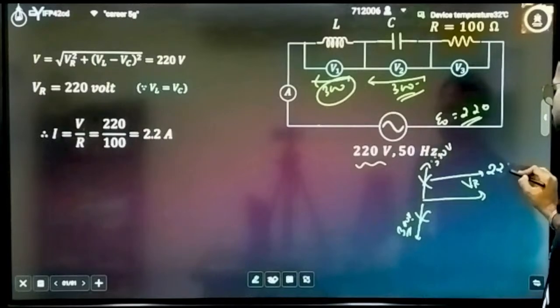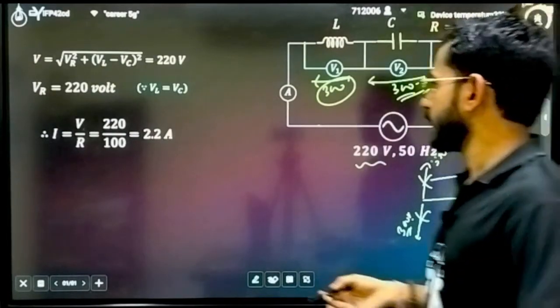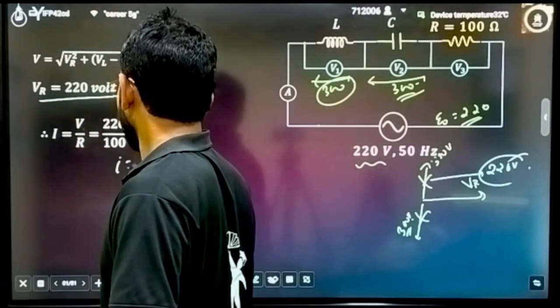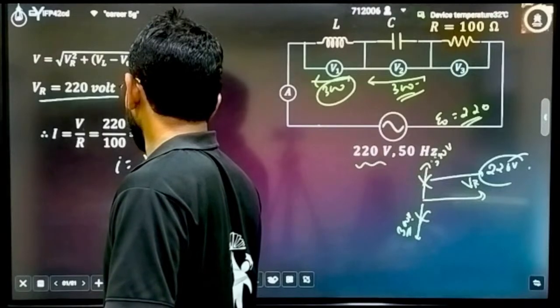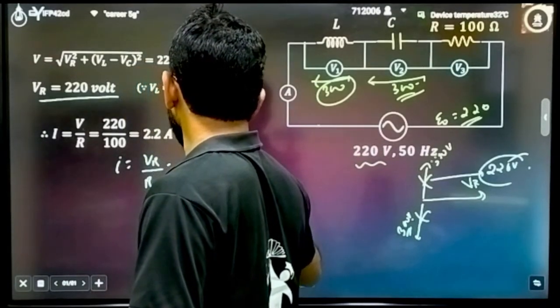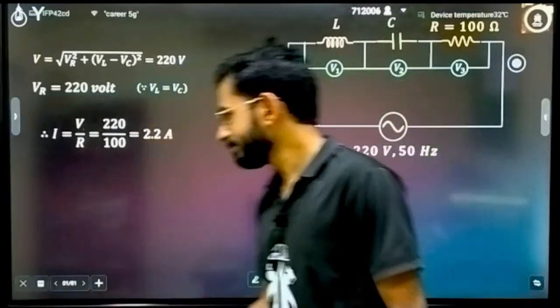That means it will be 220 volt. Simple. Correct? The resistor will have 220 volt. If you have the potential, you can calculate the current. Current will be VR divided by the resistance. It will be 220 divided by 100. Answer will be 2.2 ampere. Simple. Clear?